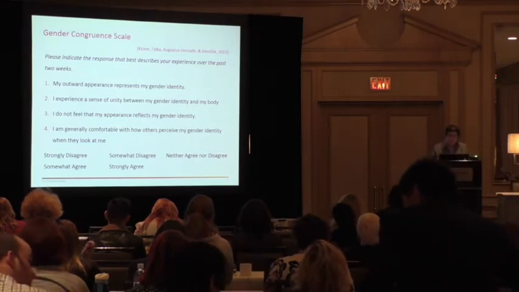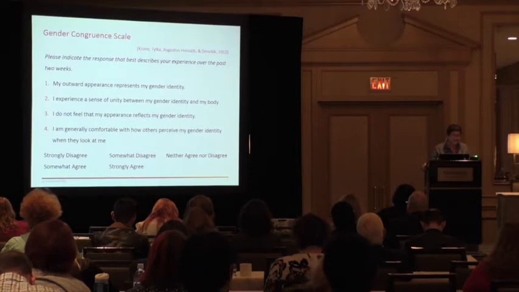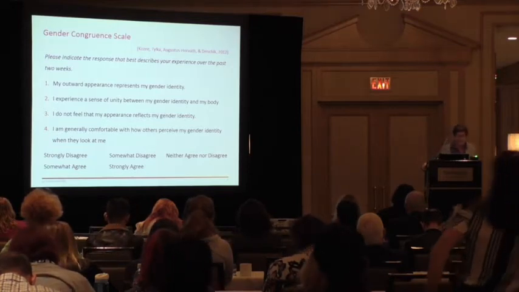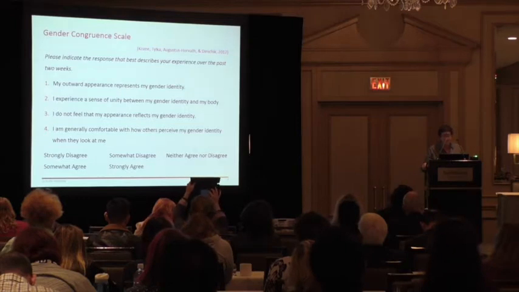Some people more recently are introducing a gender congruence scale in their assessment, and we haven't introduced it yet, we are considering it. The gender congruence scale looks at the congruence between the gender identity and the individual's body.